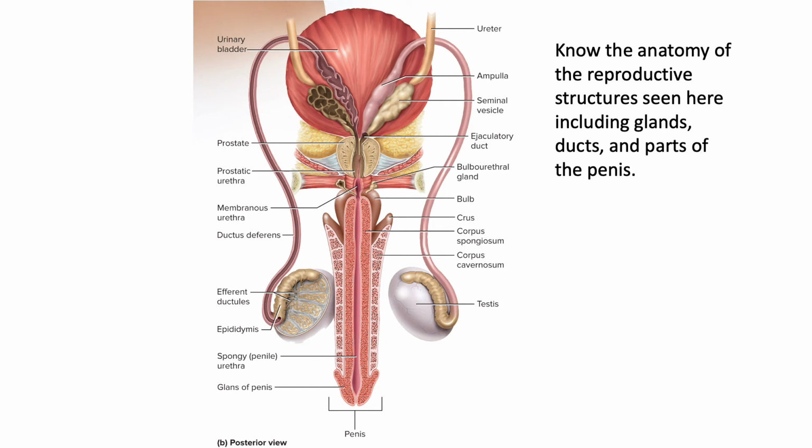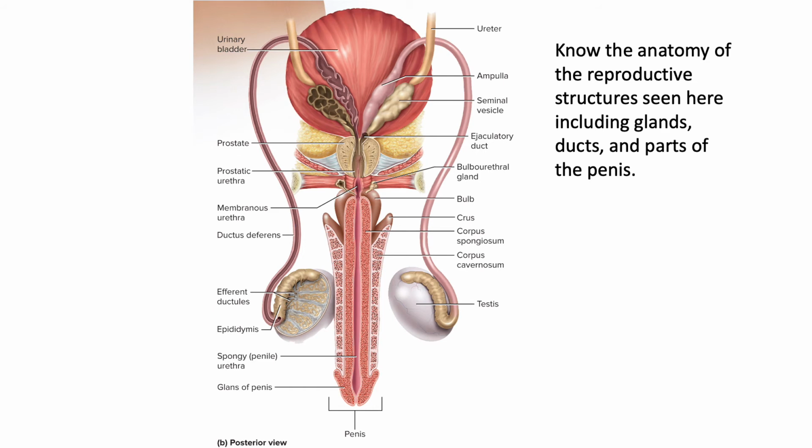The prostate, seminal vesicle, and bulbourethral gland are those three glands of the male that contribute to the volume of semen. So semen consists of the sperm cells themselves, and fluid from the seminal vesicle, bulbourethral gland, and prostate glands. Leaving the prostate, the part of the urethra that travels through the prostate is referred to as the prostatic urethra.